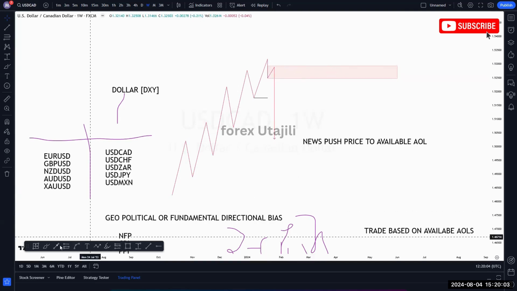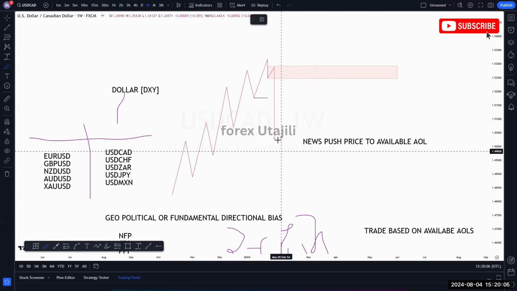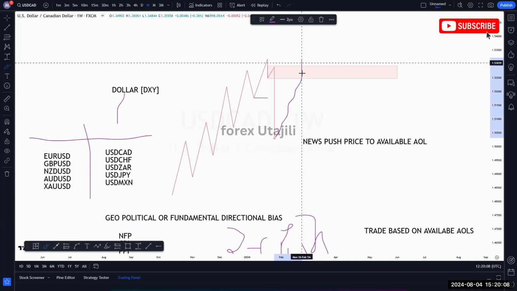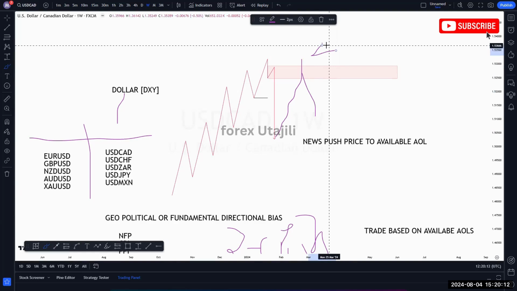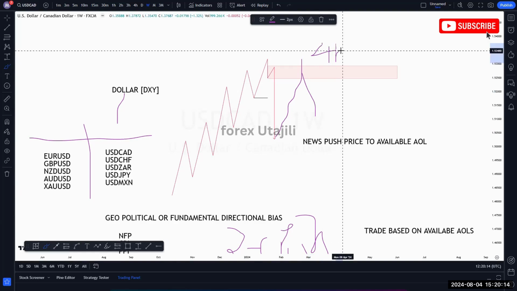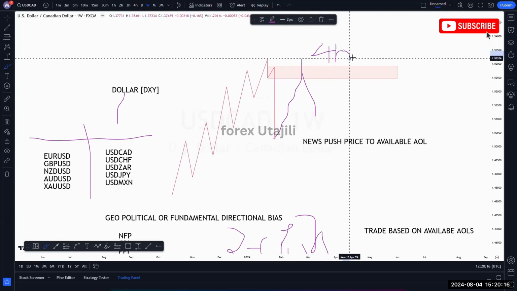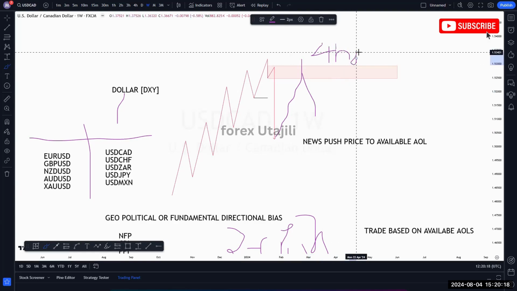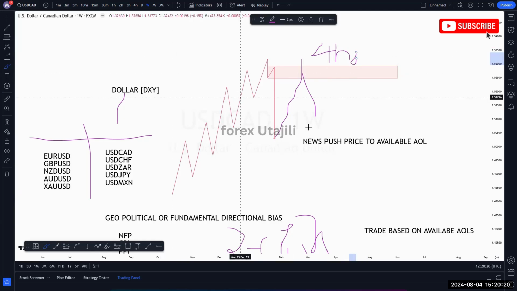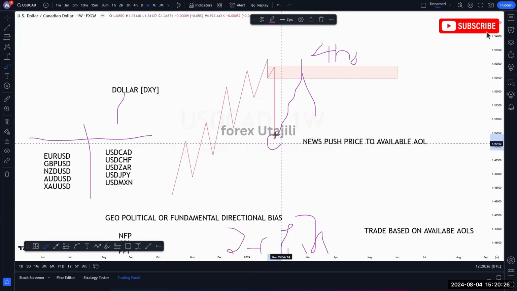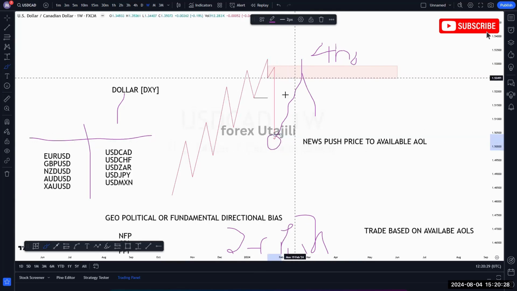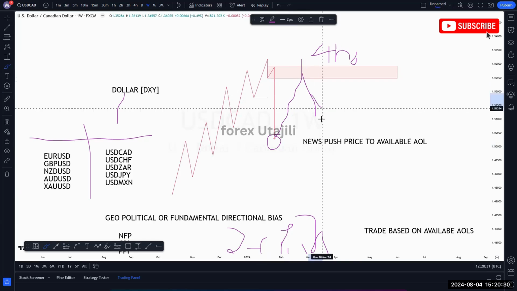Meaning that if we have this as our area of liquidity on the dollar, we have high chances for price to push the market from here back to this weekly, to this daily. Maybe this will be the 4-hour area of liquidity. So we expect the dollar to buy from this area and push to the available area of liquidity before it continues to sell.